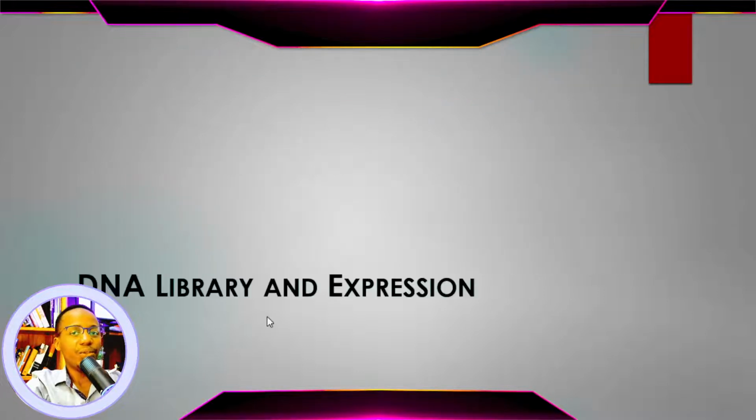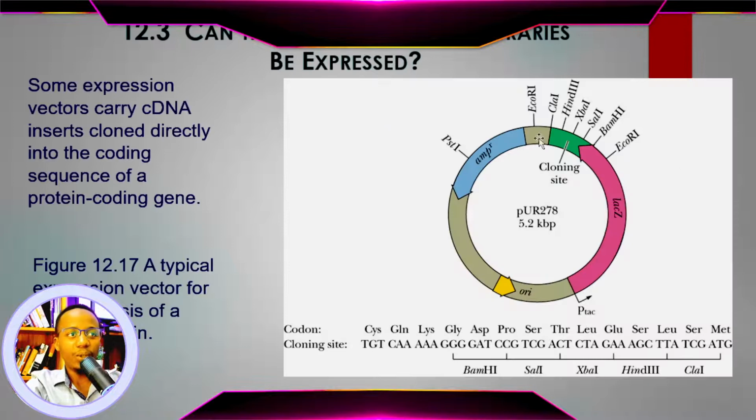All right, so if you have a DNA library, can you express it? Yes, we can. So going back to the vector that I was talking about, look at the vector. The vector has LAC-Z and all that other stuff. This is an operon. We're talking about the operon, the LAC operon thing, right?